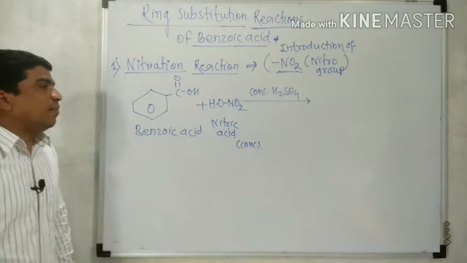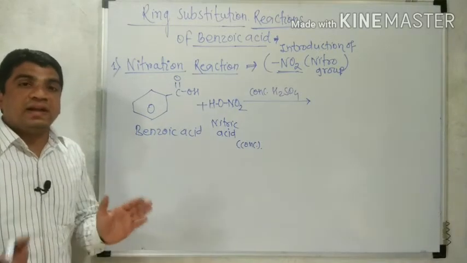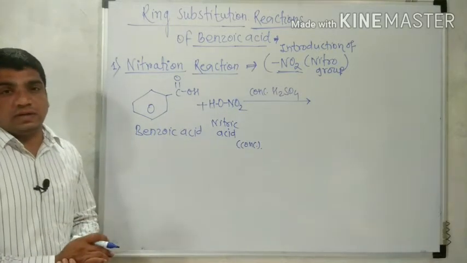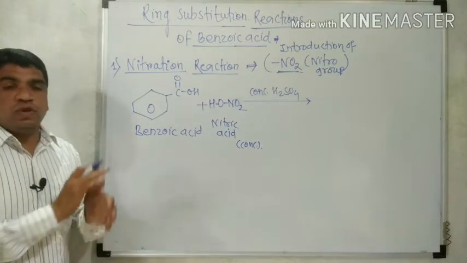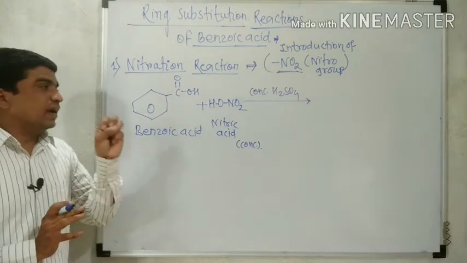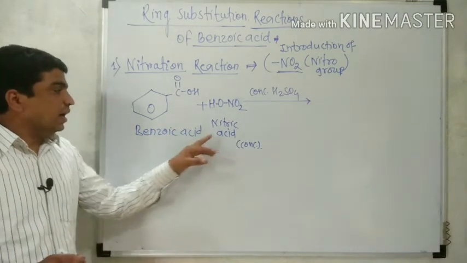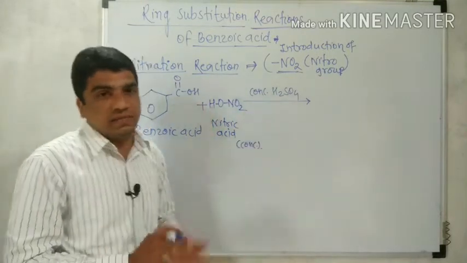So what about the reaction? When benzoic acid is reacted with nitrating mixture, if we use the word nitrating mixture, we want to describe which is the nitrating mixture. Nitrating mixture is a mixture of concentrated nitric acid and concentrated sulfuric acid.